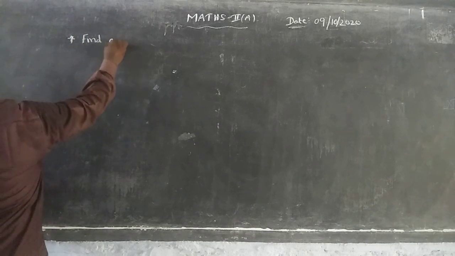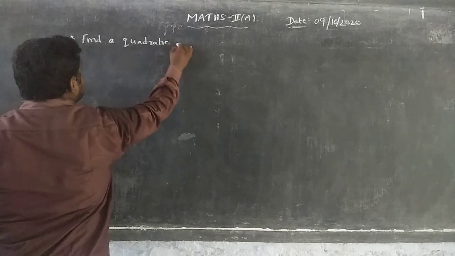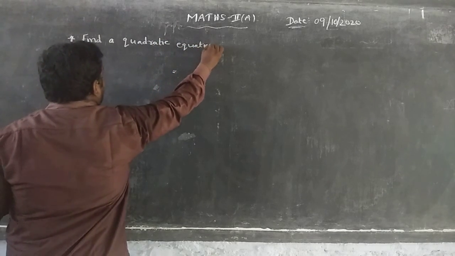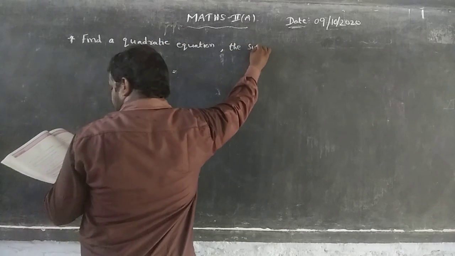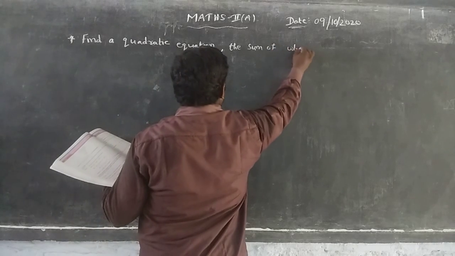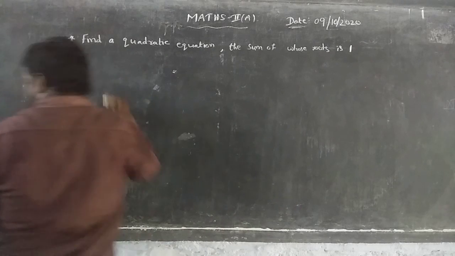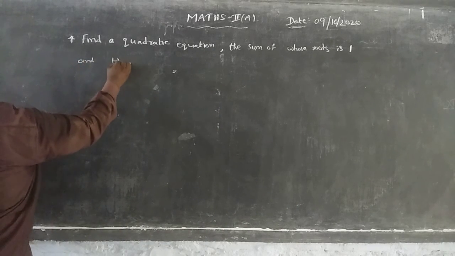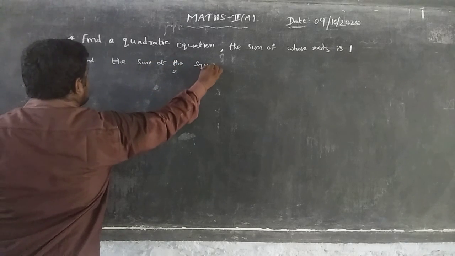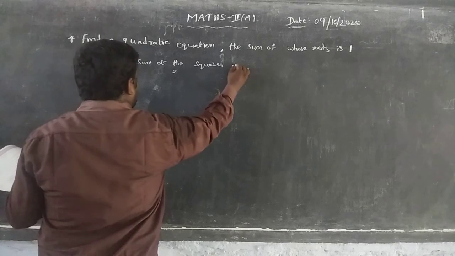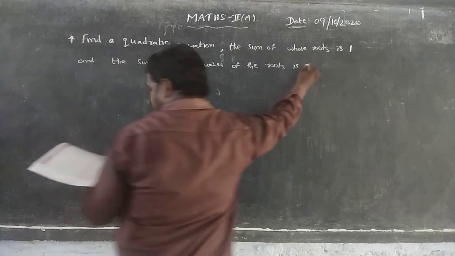Find a quadratic equation whose roots have a sum of 1 and the sum of the squares of the roots is 13.